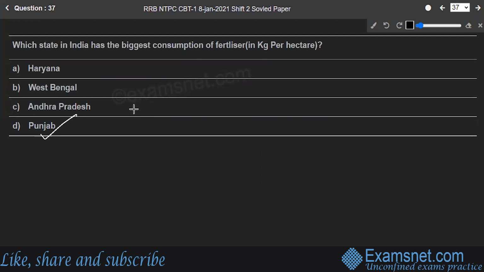Punjab state alone consumes 9% of the total fertilizers in India, and the use is the highest on a per unit area basis, that is 190.1 kilogram per hectare of gross cropped area against 88.2 kg per hectare in all India. The per hectare consumption is more than 100 kg in Punjab, 190 kg.